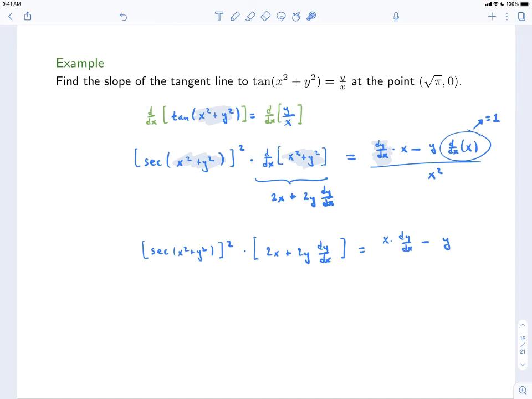Just keep in mind that I moved this x to the front here. And then we're going to divide all of this by x squared. Two things to keep in mind: this x I just moved to the front, and the derivative of x with respect to x is 1, so we don't actually see it here, but it's y times 1.